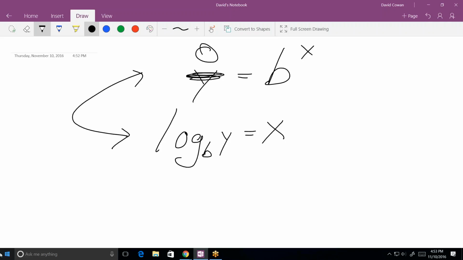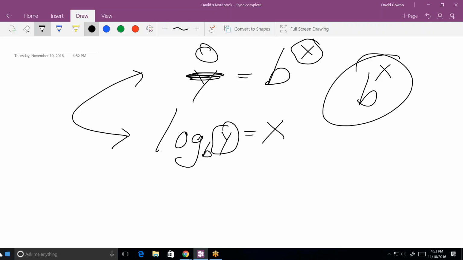Well, there is no value for x that will make b to the x equal to 0. Since y can never be 0, I can't let it be 0 here either. And it also cannot be negative. I cannot take b to the x and produce a negative number, no matter what x is, no matter what b is.